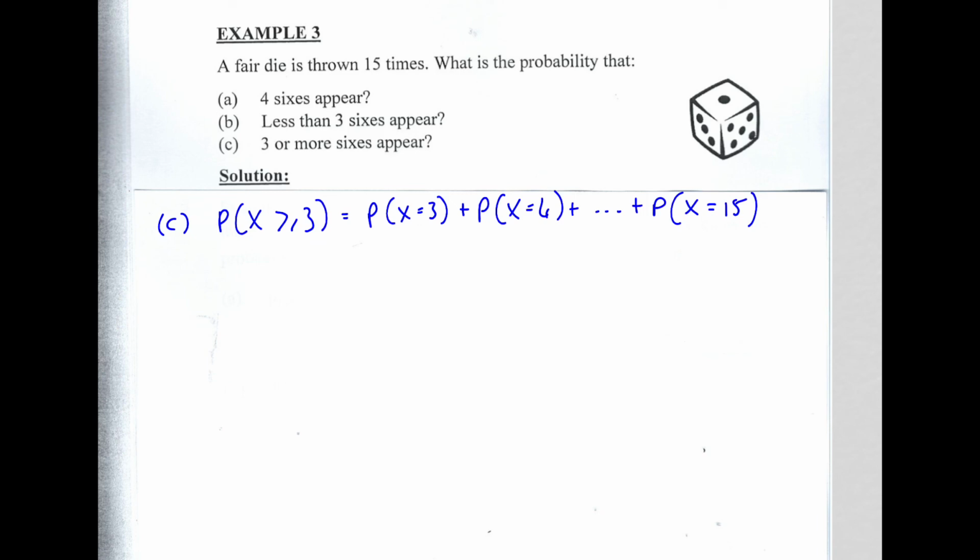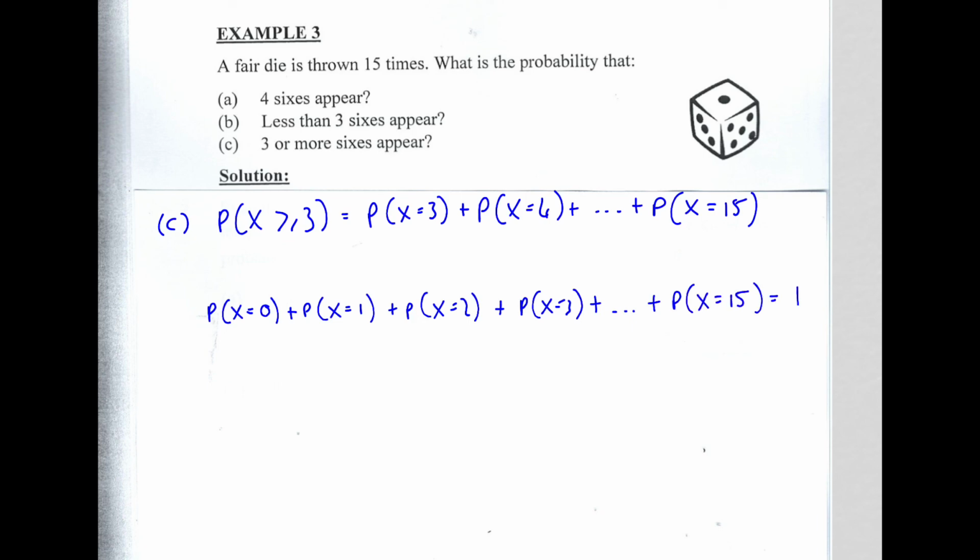All right, so we know that the probabilities of all of them happening must equal 1. So in other words, the probability that x equals 0 plus the probability that x equals 1 plus the probability that x equals 2 plus the probability that x equals 3. I'm not going to write them all the way until the probability that x equals 15 must equal 1. And this is why it's important, if you get to a question like this, to look at your previous answers.